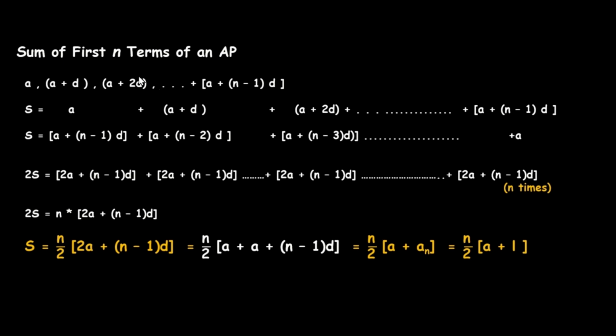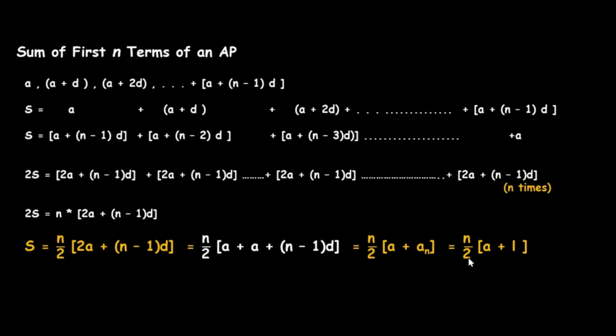And if the arithmetic progression is a finite one, the last term is indicated. The finite arithmetic progression will have a last term, so we can also write the same expression as n by 2 into (a plus l), l for the last term. So these are the formulas for calculating the sum of the first n terms of an arithmetic progression.